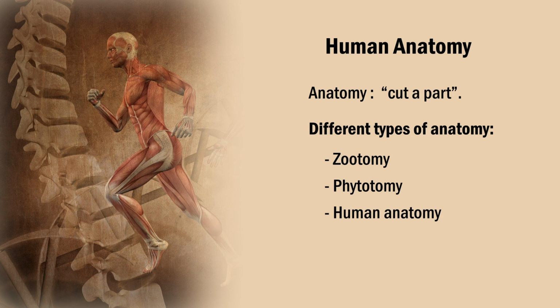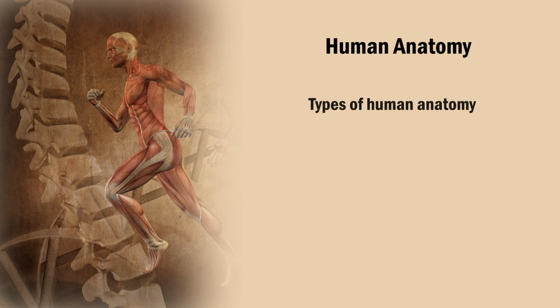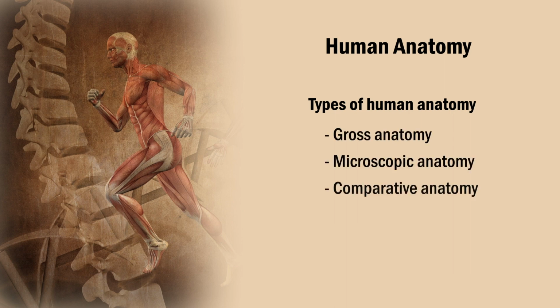Phytotomy is related to the study of physical structure of plants, and human anatomy is the study related to the physical structure of the human body. Human anatomy can be further classified into gross anatomy, microscopic anatomy and comparative anatomy.